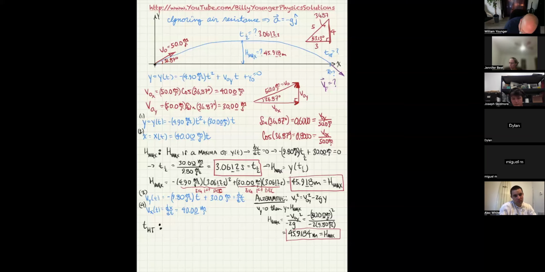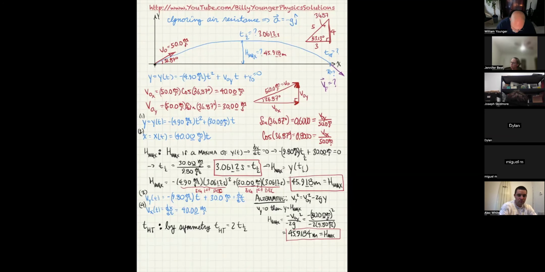So I'll say by symmetry, T hang time is equal to 2 times T 1/2, and that works.